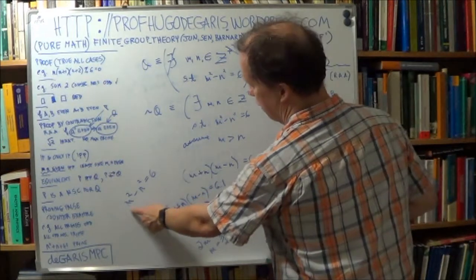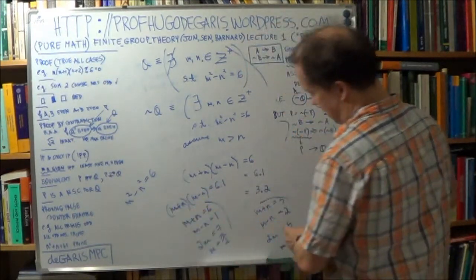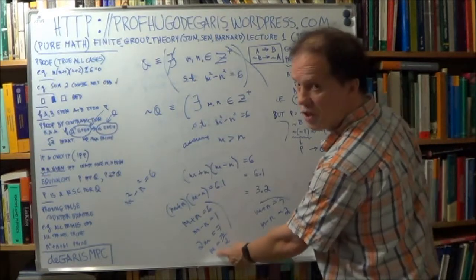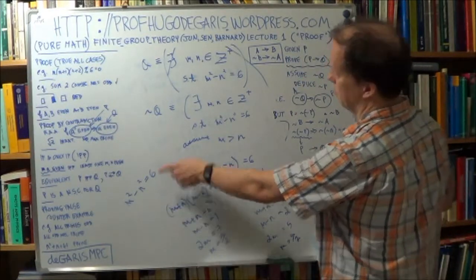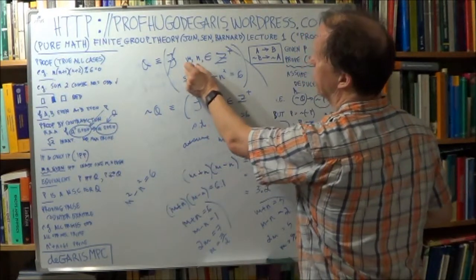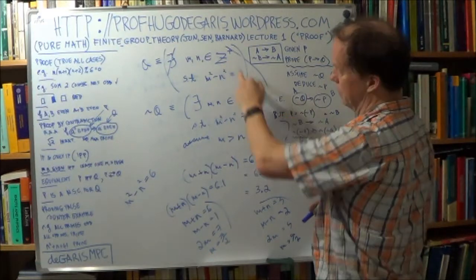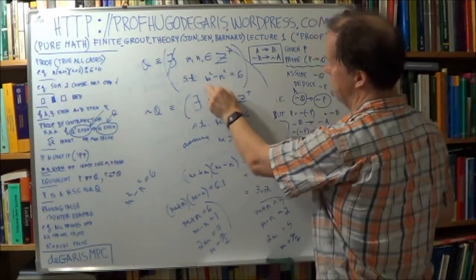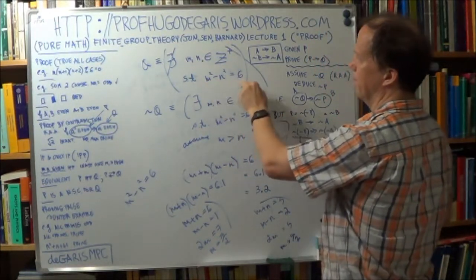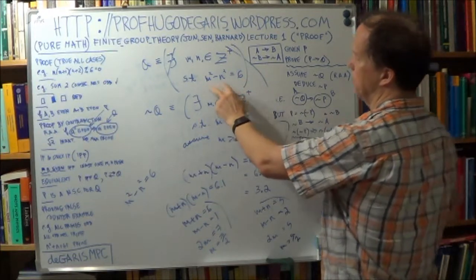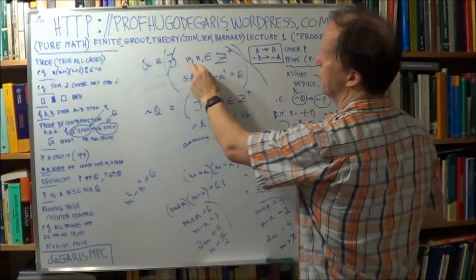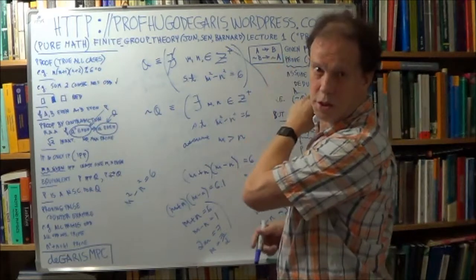So the contradiction is that m is not an integer, but the specification was that m and n are both positive integers. So if this is true, then you deduce that m and n, or m at least, is not an integer.